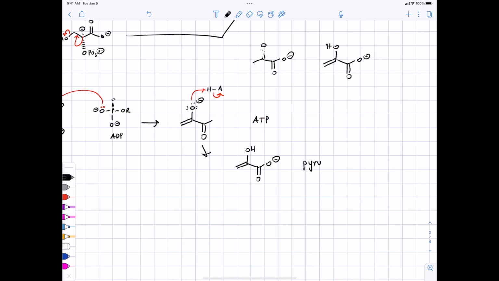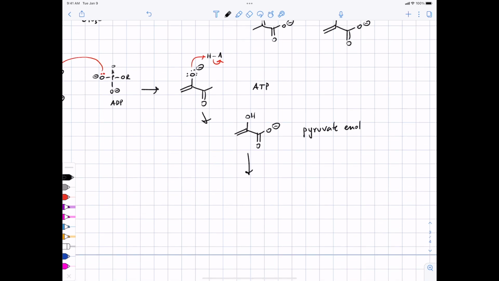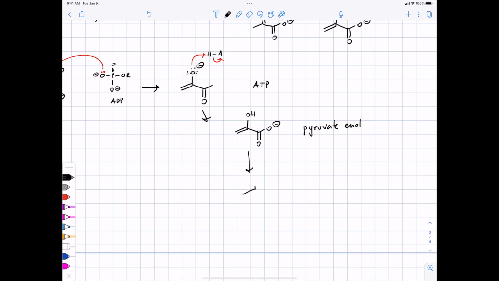This is called the enol of pyruvate, and it is the less stable tautomer.